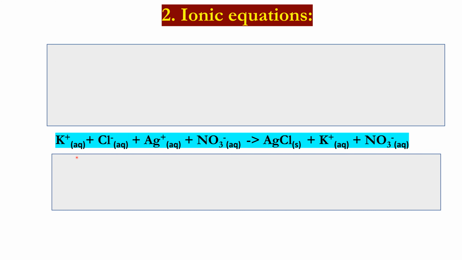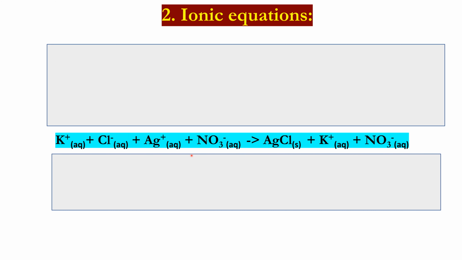This is an example of an ionic equation. K+ and Cl- both come from potassium chloride. Because potassium chloride is soluble in water, it separates into its positive and negative ions. Ag+ and NO3- are from silver nitrate.